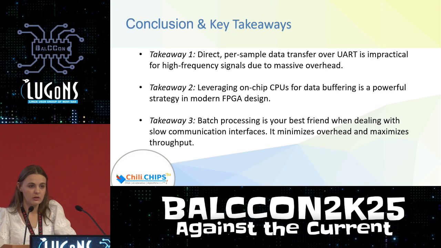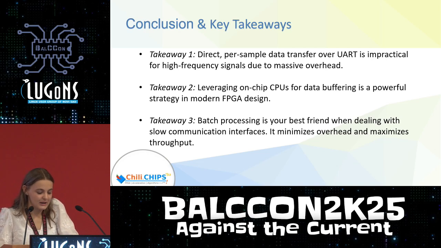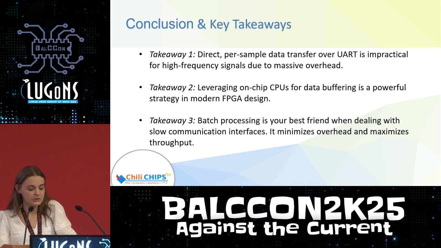If you have one, use the on-chip CPU for data buffering, because it will help you a lot. And third takeaway, batch processing. It isn't really something new, but it is your best friend when dealing with slow communication interfaces.